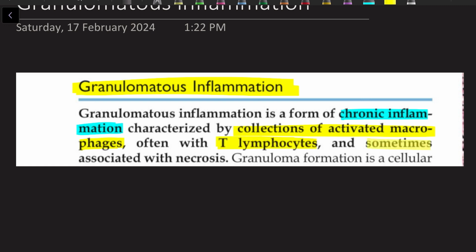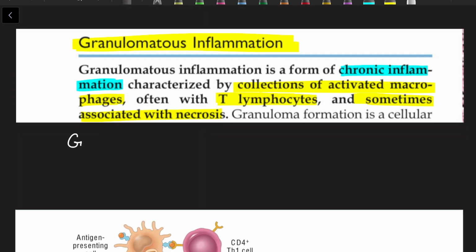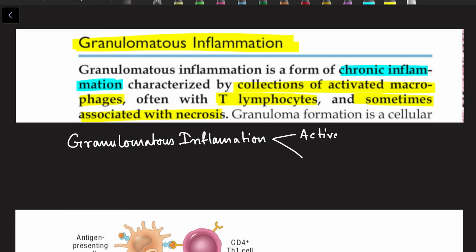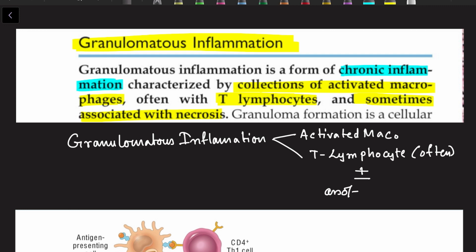So it can be said that granulomatous inflammation is a form of chronic inflammation which is characterized by activated macrophages, often with T lymphocytes, with or without associated necrosis. So this is the breakdown of the definition.